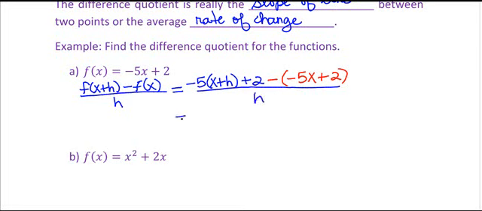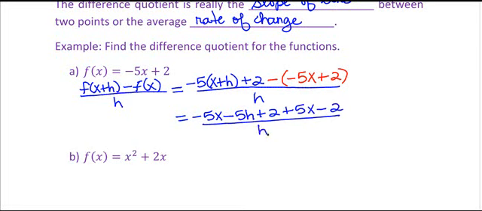So if we simplify in the numerator, we would get negative 5x minus 5h after I distribute, plus 2. Now distribute the negative sign that's in the difference quotient. I would have a plus 5x minus 2, and that's all over h. Well, what happens here?